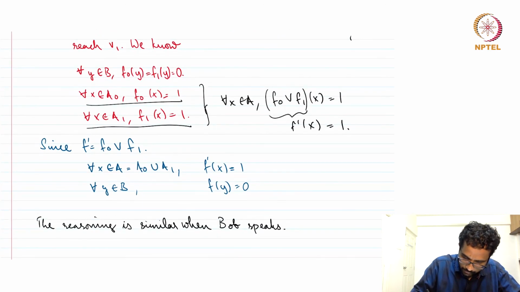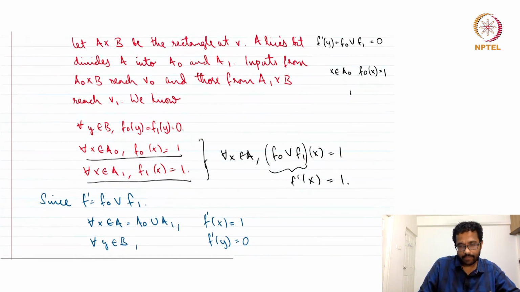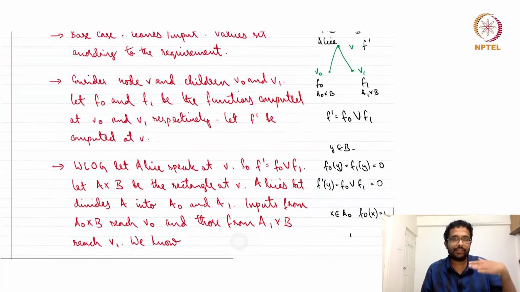F prime of X is equal to 1 and F prime of Y is equal to 0 for all X in A and for all Y in B. So the inductive claim is true for the level V also.